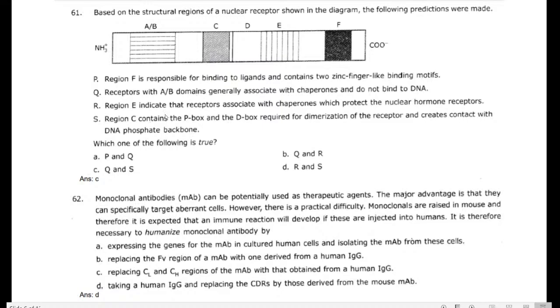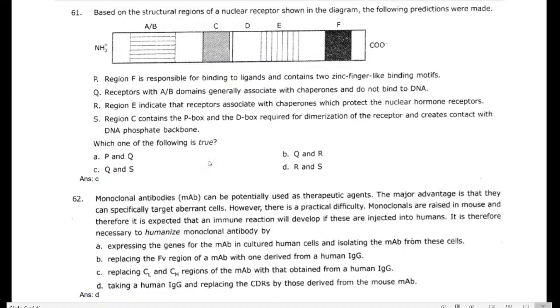Region E indicates that the receptor is associated with chaperones which protect the nuclear hormone receptor. That is not acceptable, because this kind of chaperone is not relevant to the nuclear hormones.